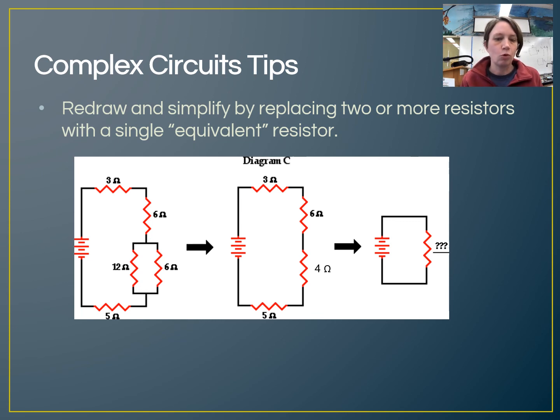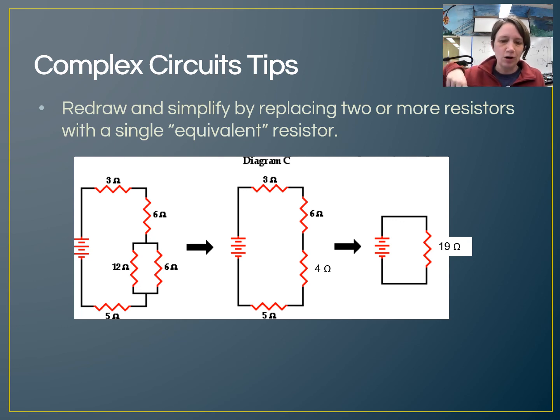I can do this one more level, right? I can actually simplify the circuit down to a single resistor because now I have everything in series with each other. So I can use my series equation to just add up the value of those 4 resistors in series and come up with an equivalent resistance for the whole circuit of 19 ohms. This is really useful because if you're making a VIRP table, often you want to put in that total resistance in my total column.